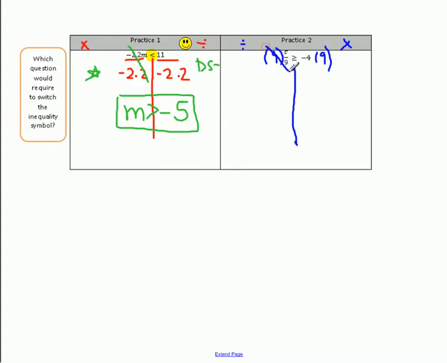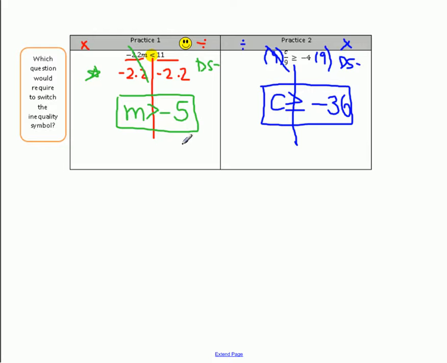9 divided by 9 is 1. C. My symbol stays exactly the same because I did not draw the star here. And then I have different signs. My answer is going to be negative. Negative what? 4 times 9? 36. So C is greater than or equal to negative 36.